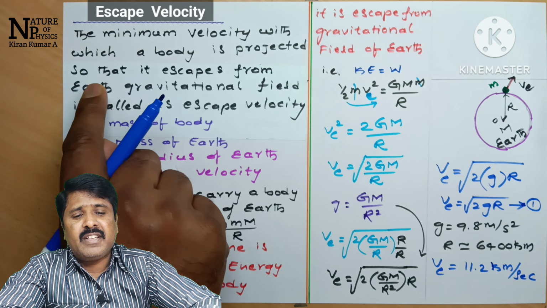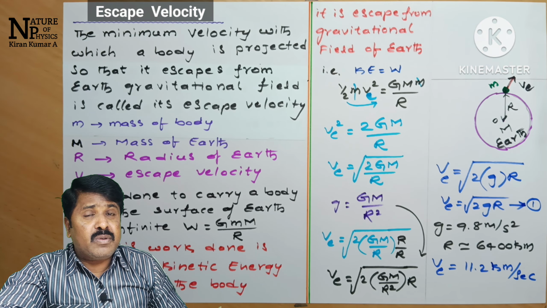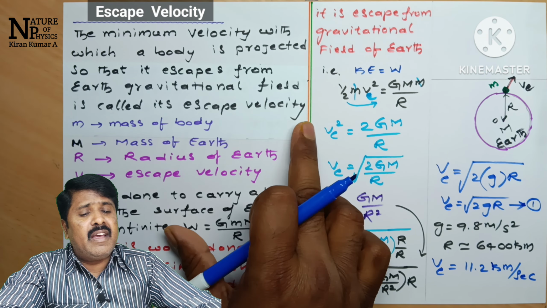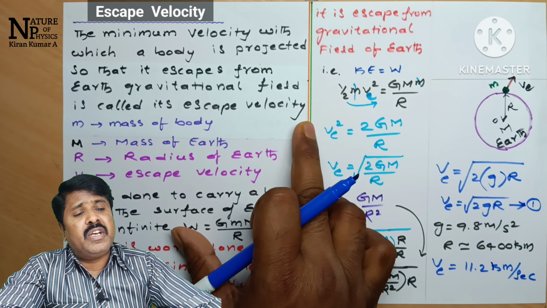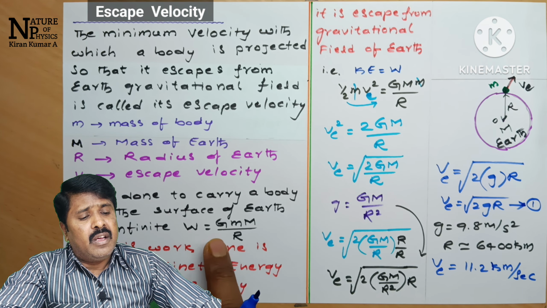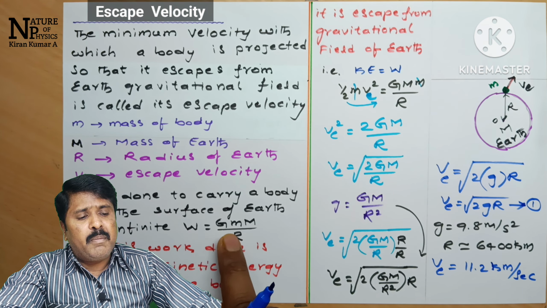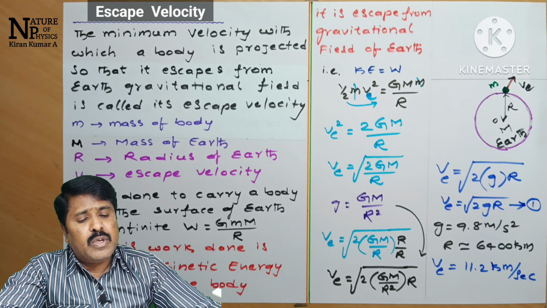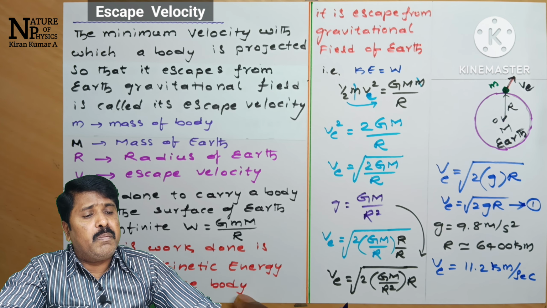The minimum velocity with which a body is projected so that it escapes from the earth's gravitational field is called escape velocity, in which the work done, G m M divided by R, is equal to the kinetic energy provided to the body.